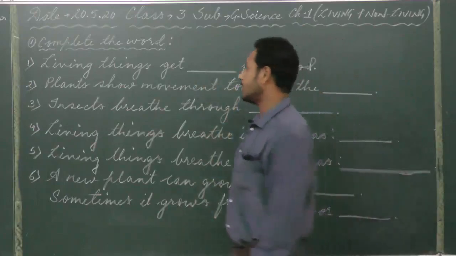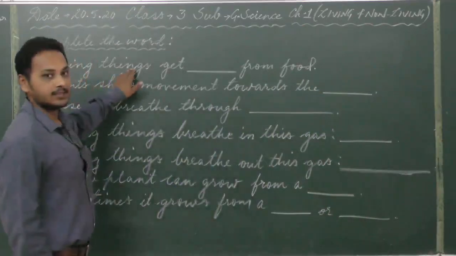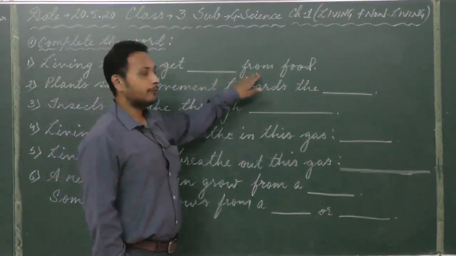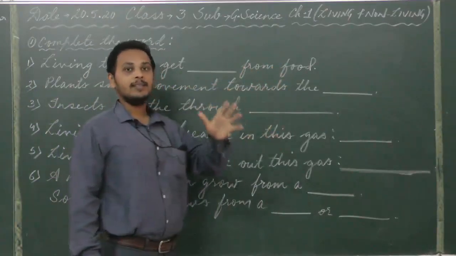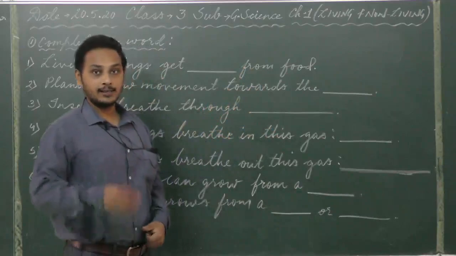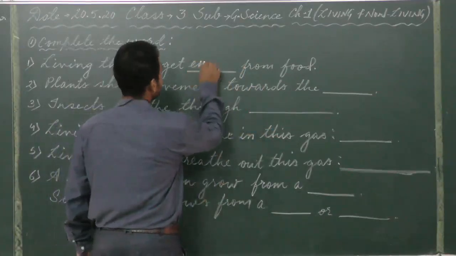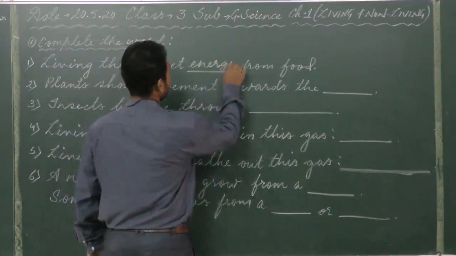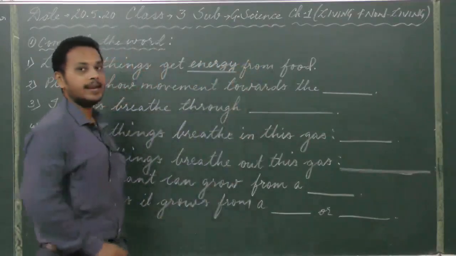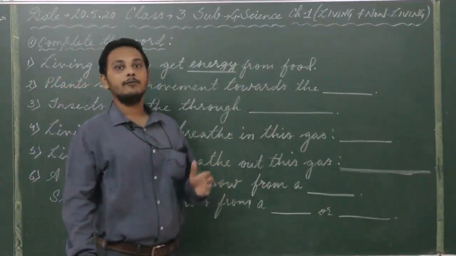Now the first one, living things get dash from food. What do living things get from food? I discussed yesterday. The answer is energy. Living things, they get energy from food.